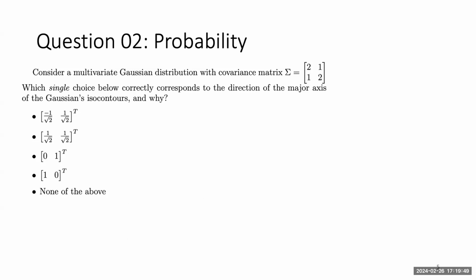Just as a hint, if you remember in lecture 3, I showed some plots of the multivariate Gaussian in 2D. That's basically what we have here, a 2D Gaussian.